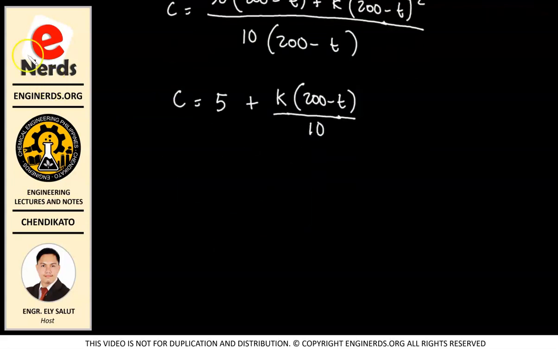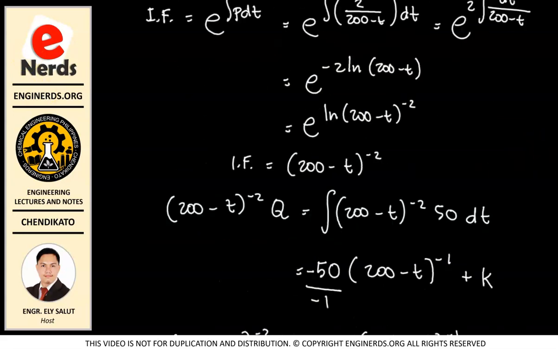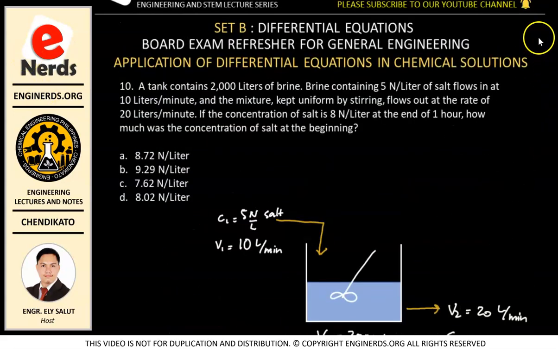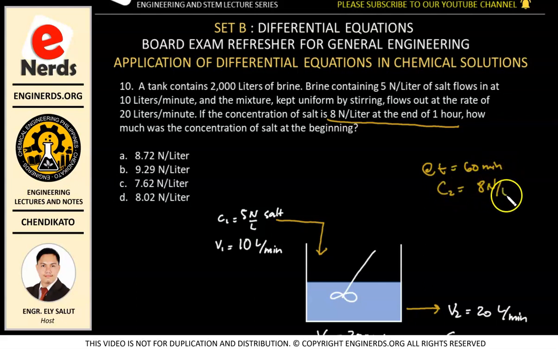Okay, remember, we have this given at the end of our question. We are told that the concentration of the salt is 8 newtons per liter at the end of 1 hour. So that means at time is equal to 60 minutes, our C is equal to 8 newtons per liter.